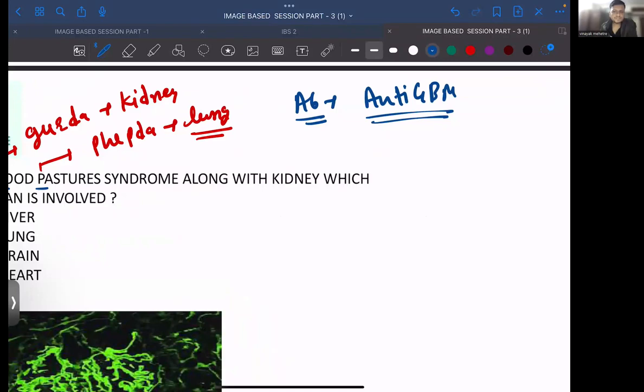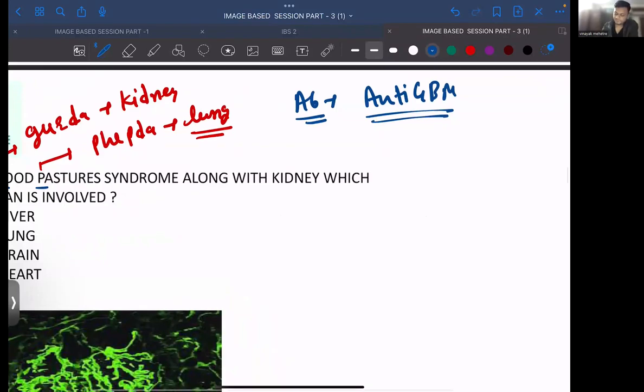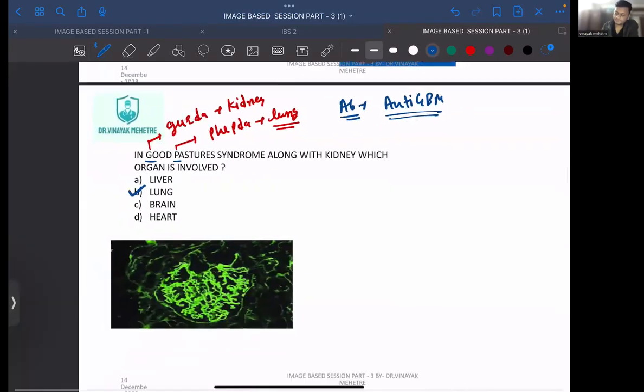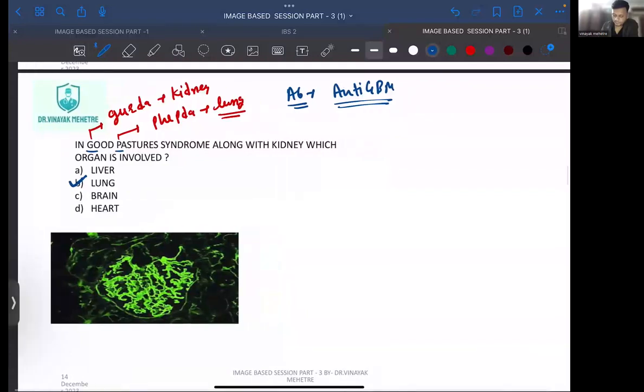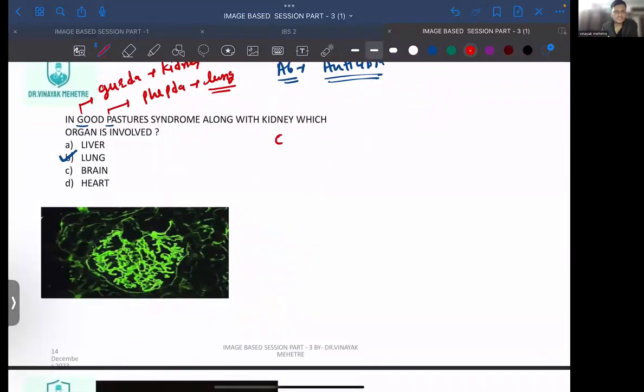What are the clinical features? See, there is a trick. Okay, there are two diseases which sound similar. In PSGN, what are we getting? We are getting URTI, rhinitis, sinusitis, and sore throat infection. But what is the clinical feature of LRTI?